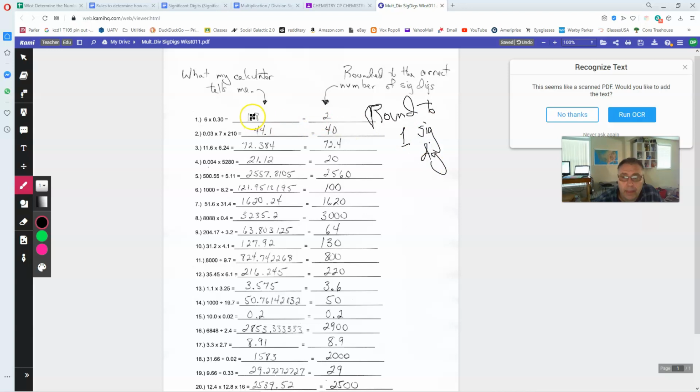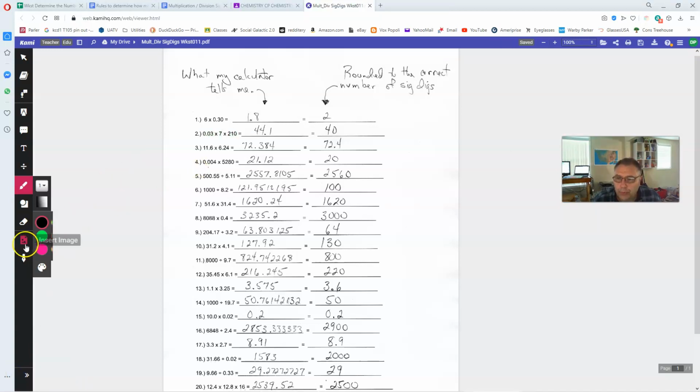Right? So that means I need to get rid of the number in the 10th spot. Except since it's an 8, a number 5 or greater, the 1 gets rounded to a 2, and that's why my answer is 2. All right. Get rid of that.